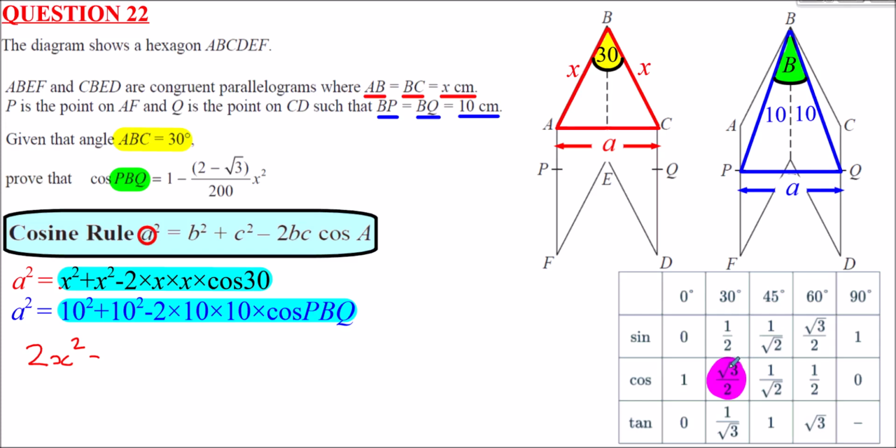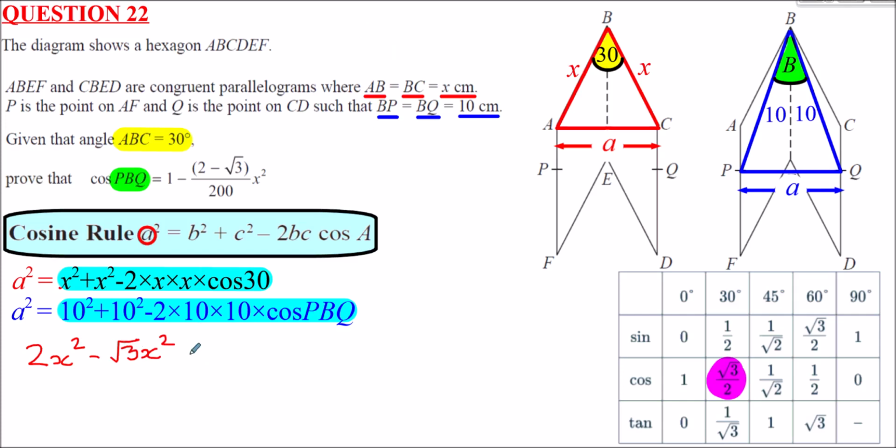But here, if I've got root 3 over 2 times by 2, that'll just leave me with root 3, because the times by 2 and the over 2 will cancel. So the cos 30 bit will just simplify to root 3, because I'm timesing it by that 2 at the front, and x times x is x squared. It's only the 3 that's being square rooted, so 2x squared minus root 3 x squared.